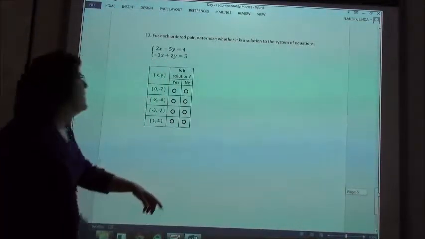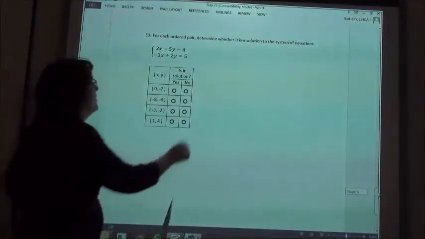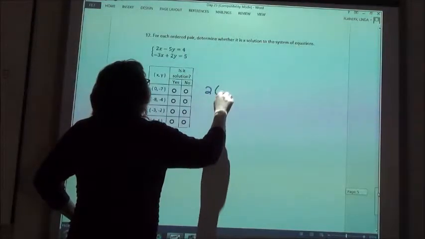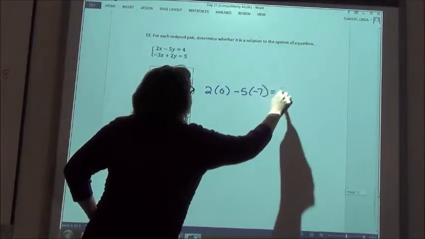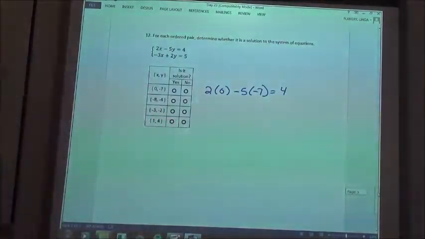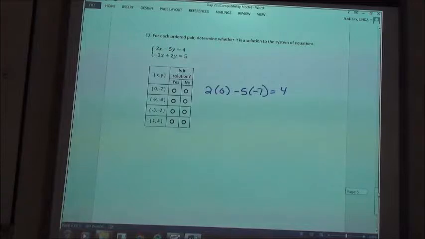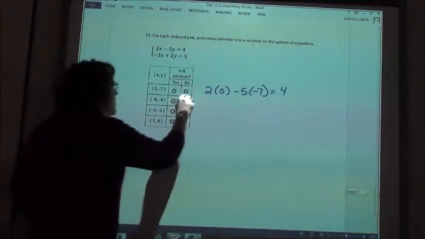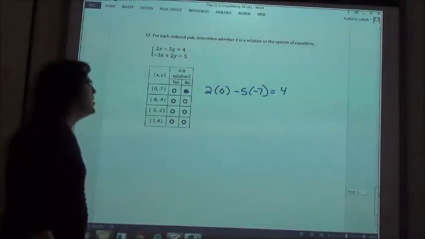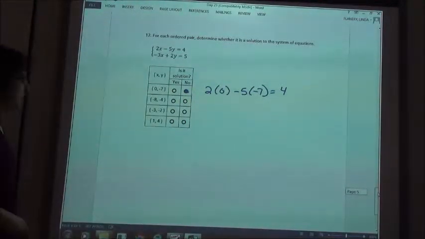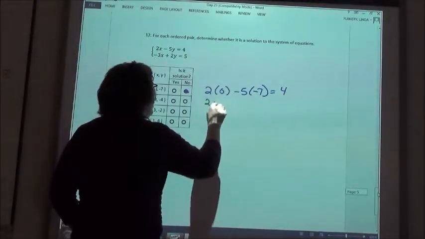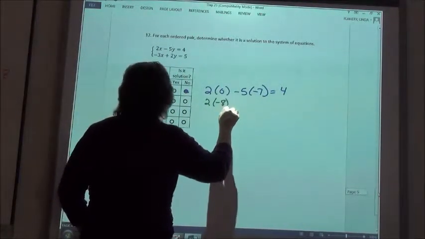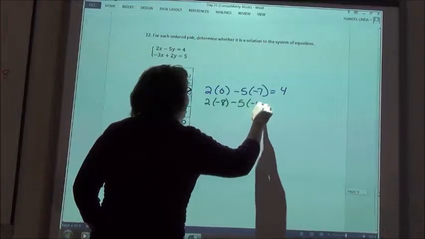So, checking the first one. 2 times the 0 minus 5 times our negative 7. Does that give us an answer of 4? Nope. Since that's no, we can just mark no. So we check our next point. 2 times negative 8 minus 5 times negative 4.